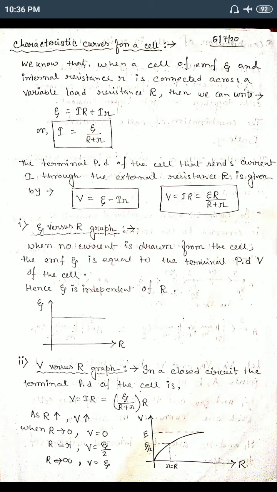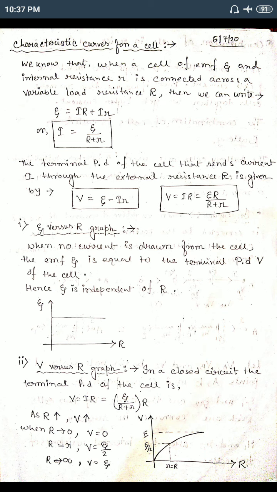Next characteristic curve, the V versus R graph. In the second expression, V equals ER by R plus r, we see that if we increase the value of capital R, then the value of V also increases. So we take three conditions.